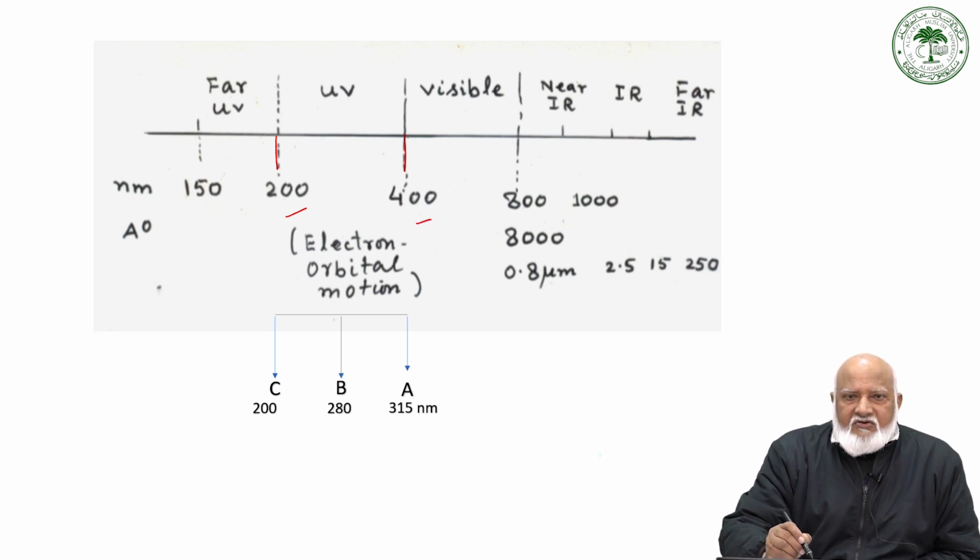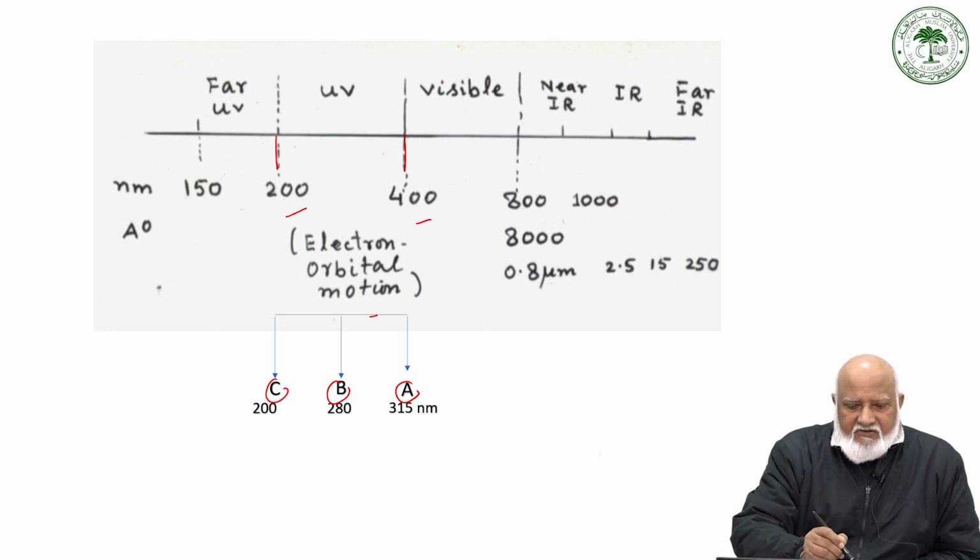When we give this much light to a molecule, it undergoes electronic orbital motion. This UV region is again divided into three regions: UVA, UVB, and UVC. The most powerful region is the shorter one, 200 nanometer, and then slightly higher at 280, and then 315.